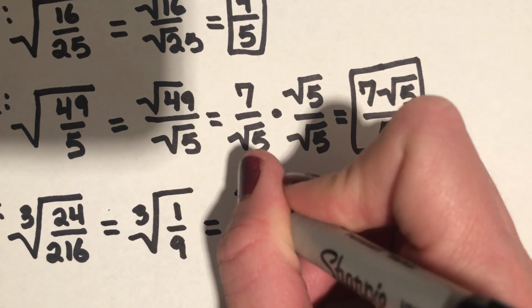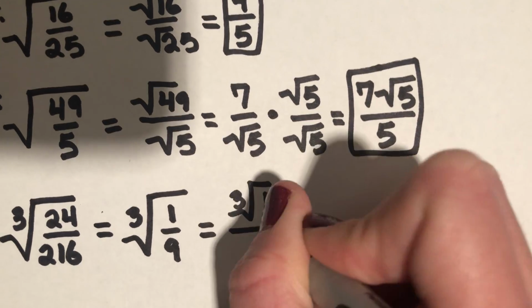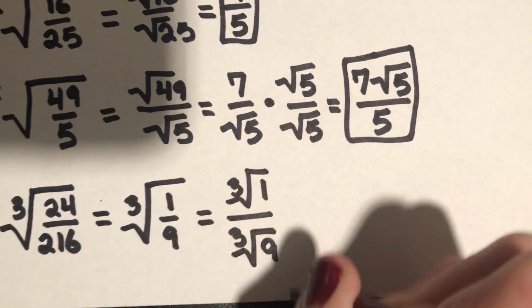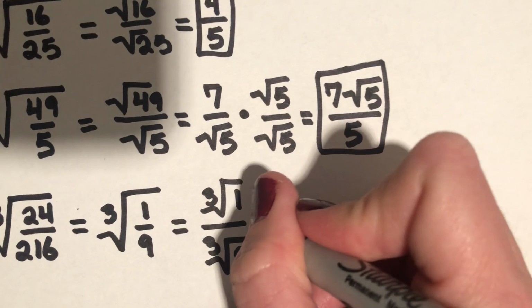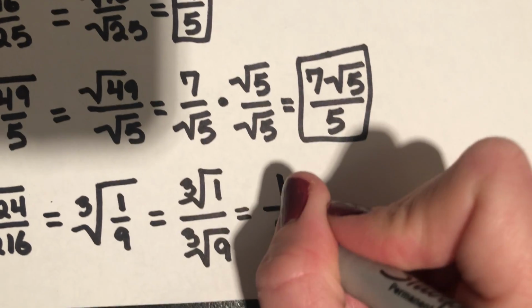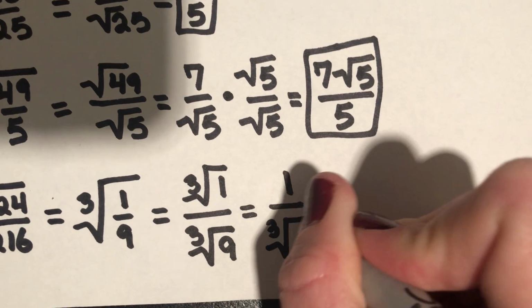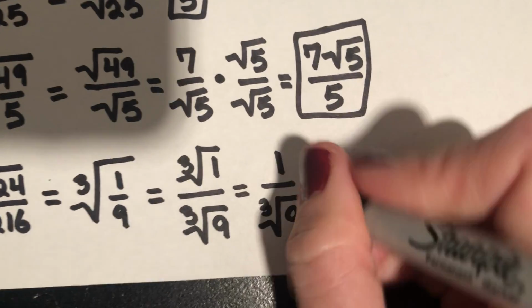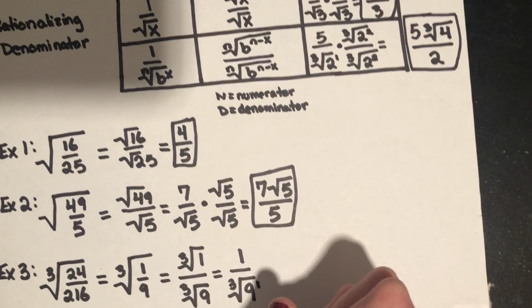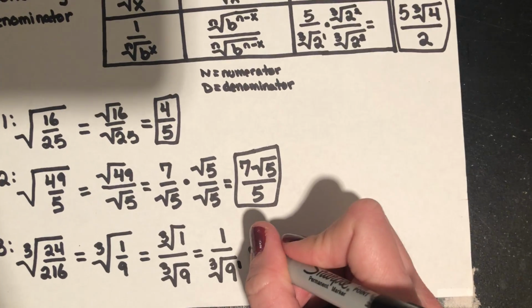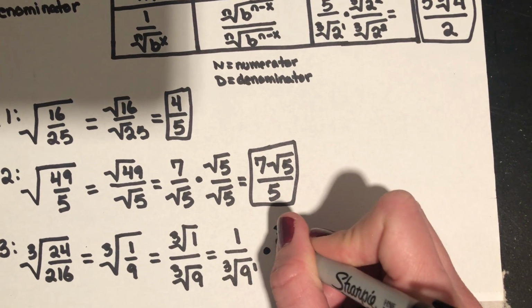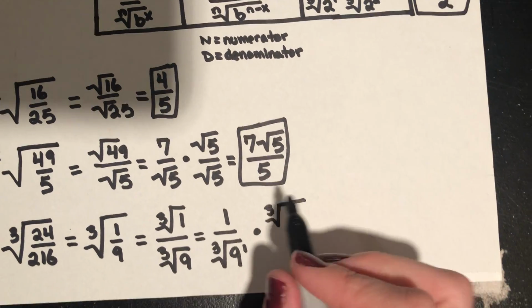We're going to do the cubed root of 1 divided by the cubed root of 9. Well, the cubed root of 1 is 1. Cubed root of 9? Not so much. So, remember, this has an exponent of 1. We're going to look back at our rules up there. And we're going to rationalize by multiplying this by the cubed root of, and we have to look at this.